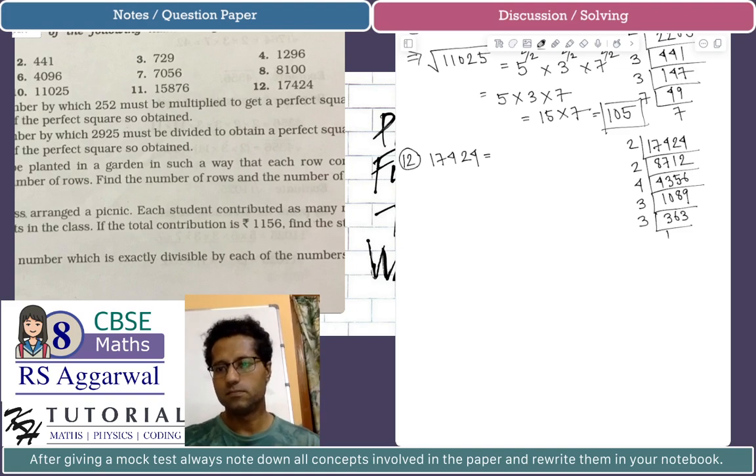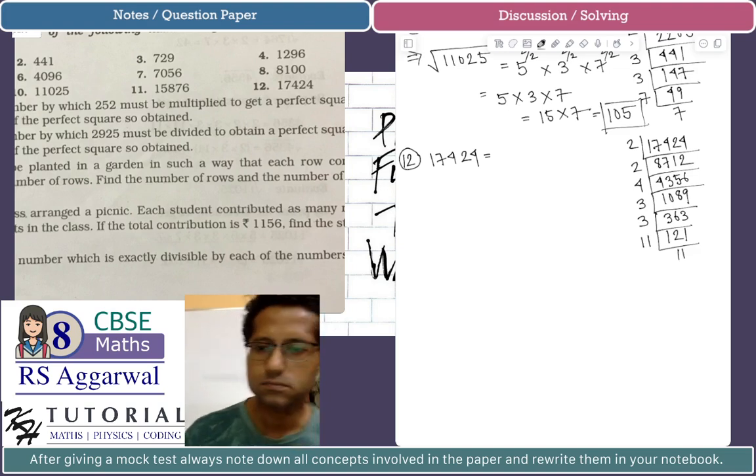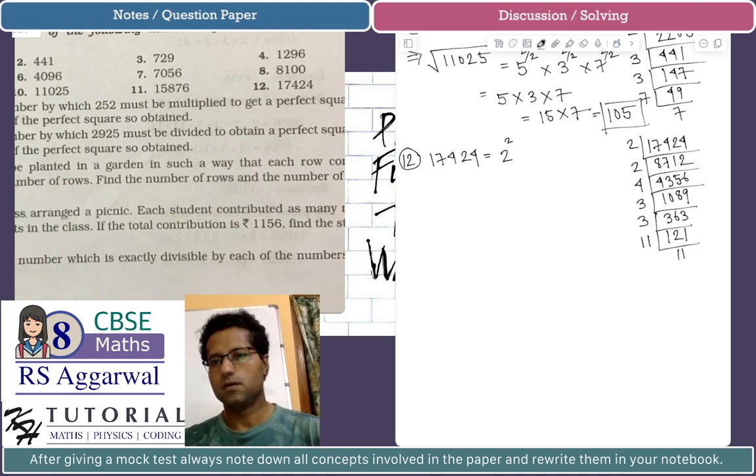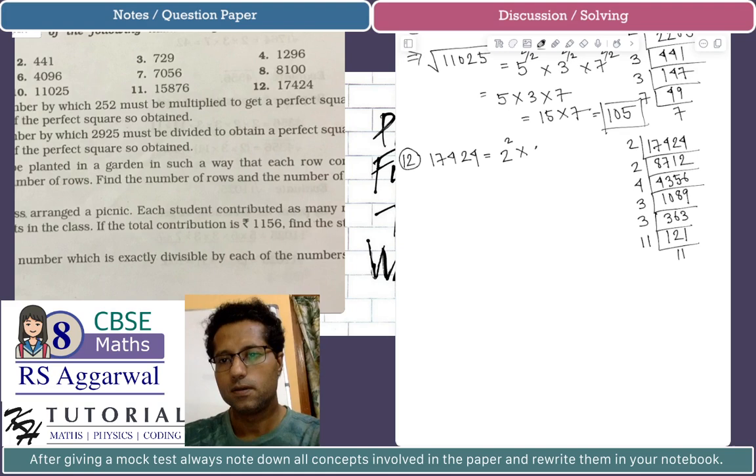We have 121, and this we know is 11 times 11. Okay, so we see that the prime factors are, how many 2s are there? There are 2 2s, so 2 squared, and we have 4, and we have 2 3s, 3 squared, and we have 2 11s, 11 squared.